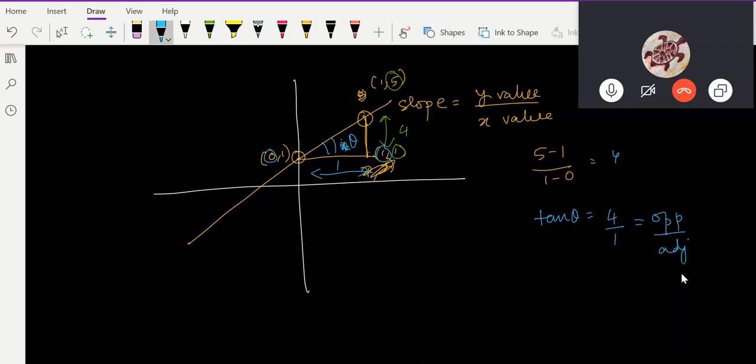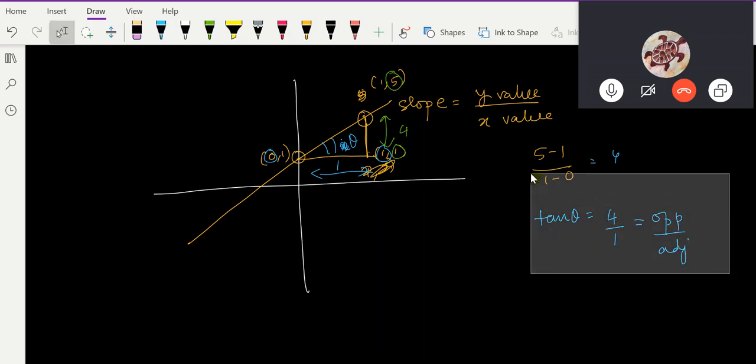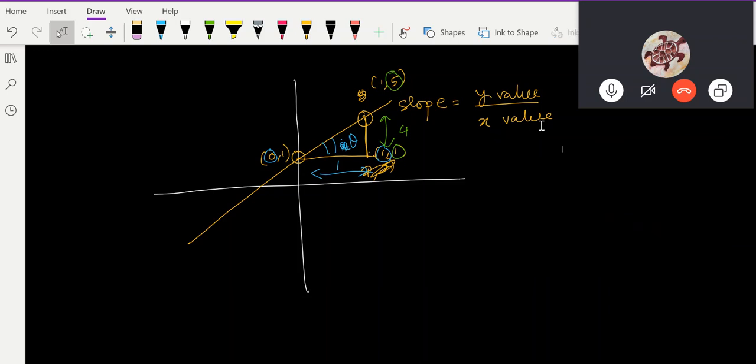Are you getting it? So this is the definition of the slope of any straight line, right?